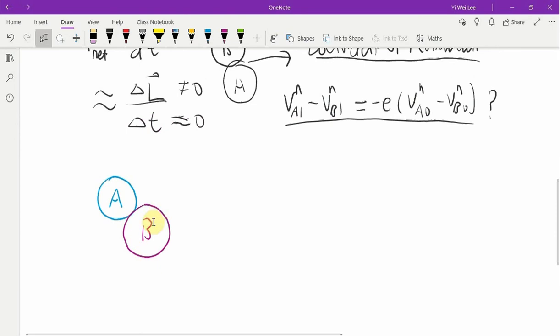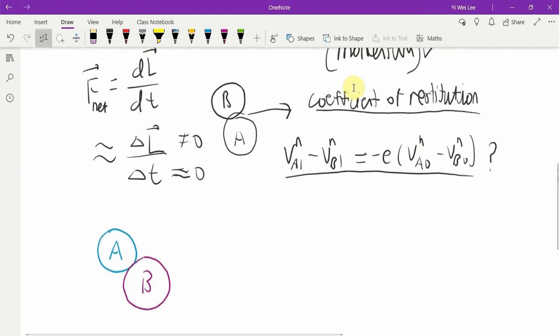What the velocities of particle A and particle B are is not very important. However, in order to use the coefficient of restitution equation, when we describe the motion of particle A or particle B, we have to resolve the velocity of the particle into two different directions. One direction is along the plane of collision, the other is perpendicular to the plane of collision.